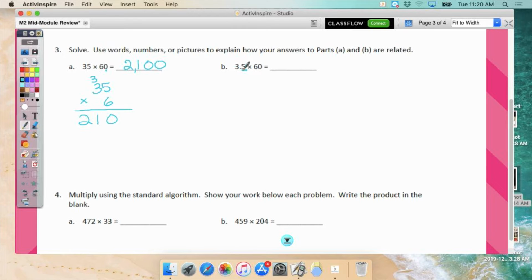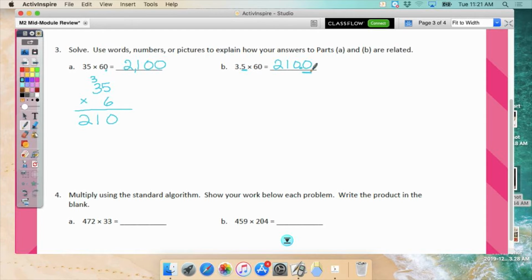So how many decimal place values? Okay, so I'm going to do 2,100. Then I'm going to place the decimal. Then I'm going to hop it once. If you don't want to do it the hop way, just erase that, or I could just place the decimal there, right?